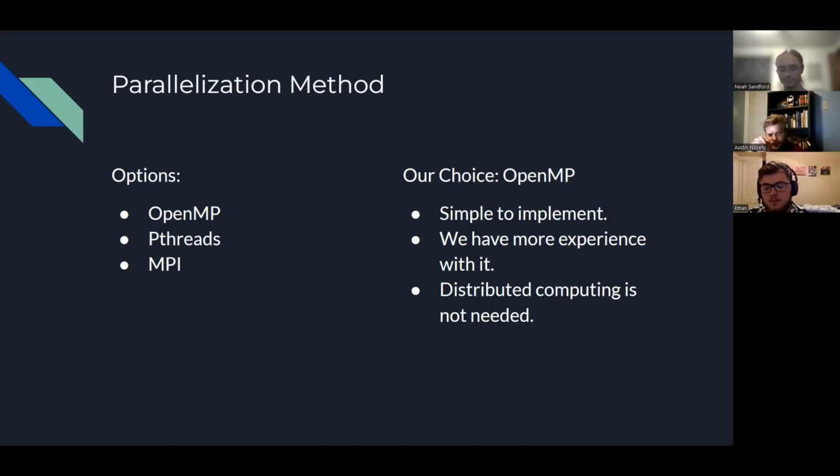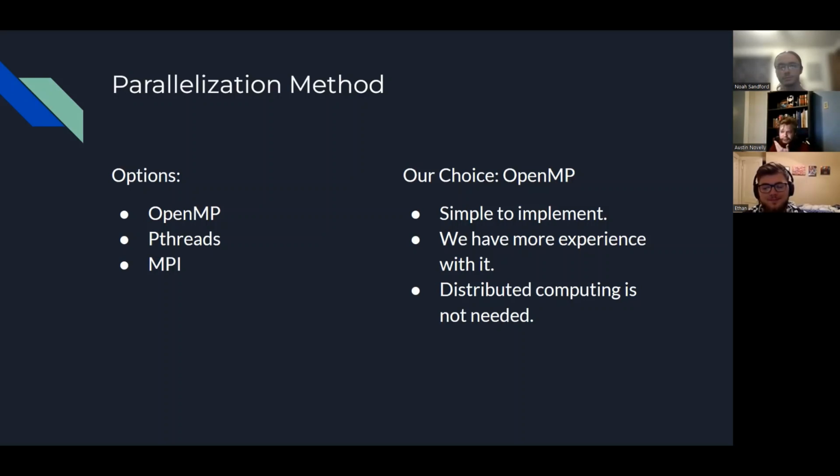Yeah, so for the way we're actually going to parallelize and approach this problem, there's the kind of standard OMP, pthreads, MPI. We're going to go with OpenMP since it's easy to implement. We have a bit more experience with it, and you just throw in some comments and it makes it parallel.